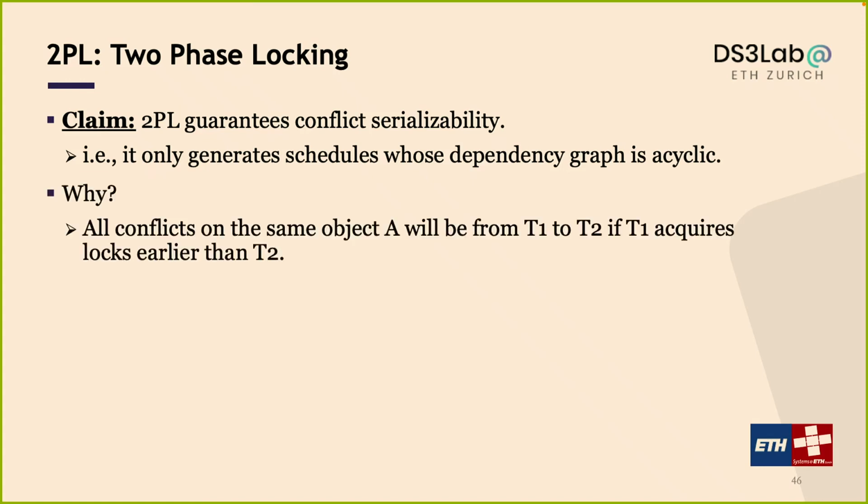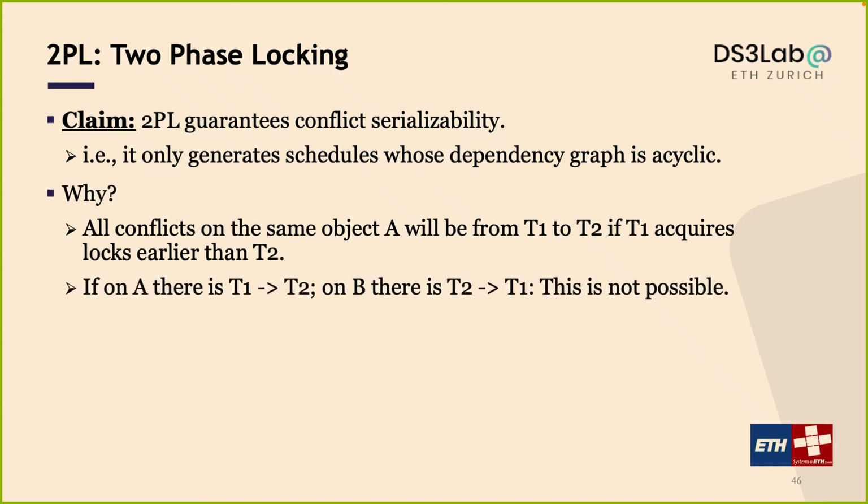So think about all the conflicts on the same object A. It will be from T1 to T2 if T1 acquires locks earlier than T2. So if on A, there's an edge from T1 to T2, and on B, there's T2 to T1, that's not possible.